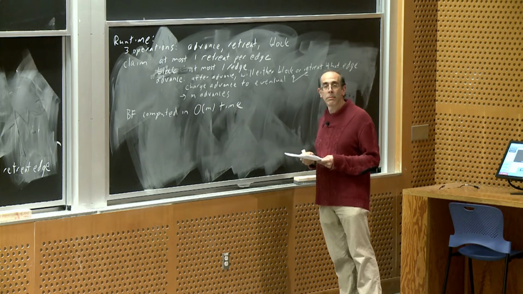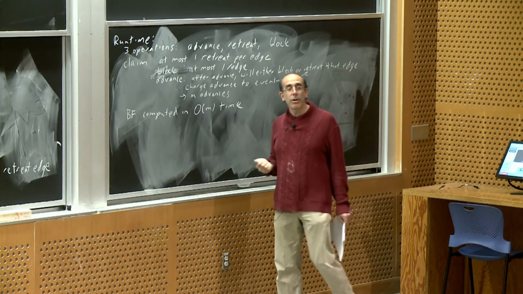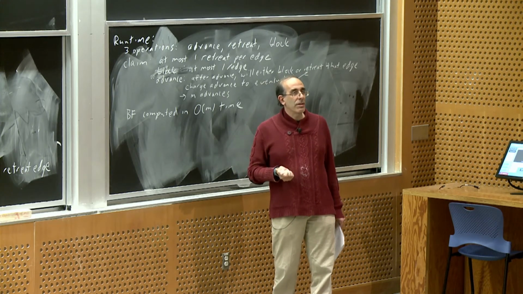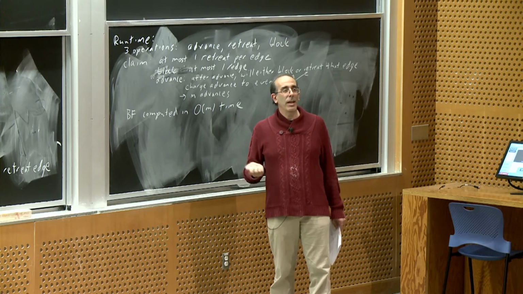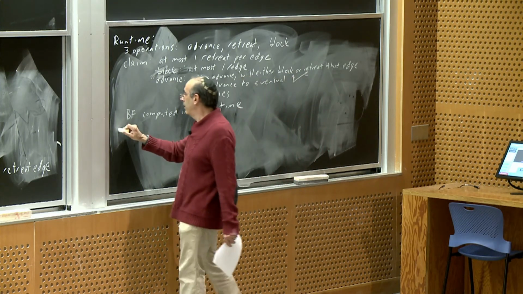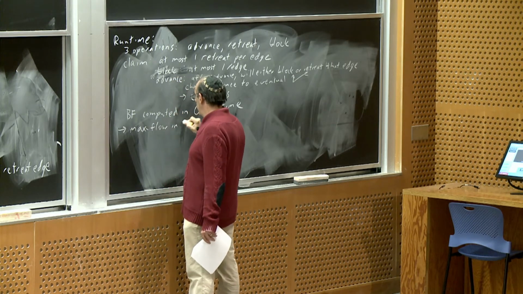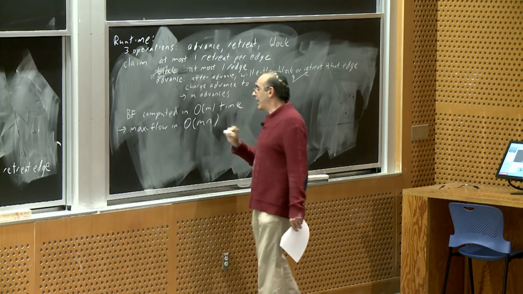Okay. So if a blocking flow is computed in order M time, and N blocking flows suffice to find a max flow, then we have an order Mn time max flow algorithm.